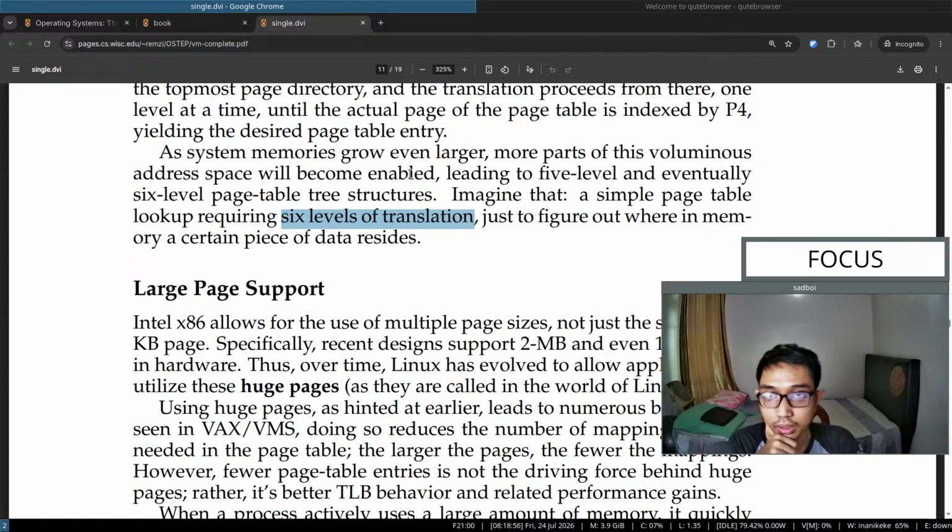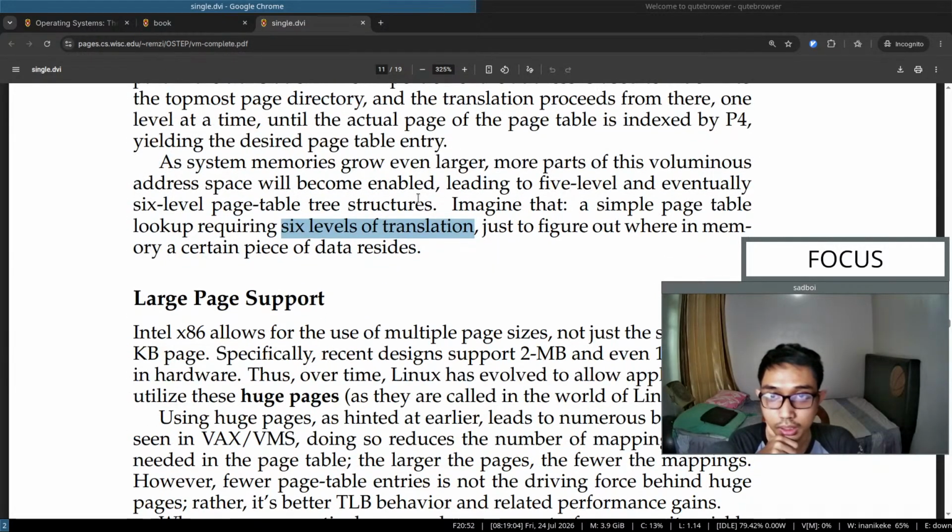For example, the trade-off with using a multi-level page table here is that sometimes we need a lot of translation, like this one. Imagine we have a 5-level or 6-level page table.